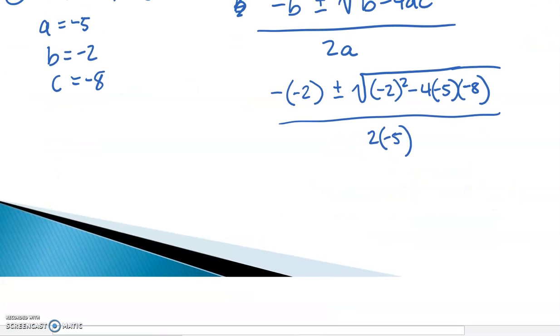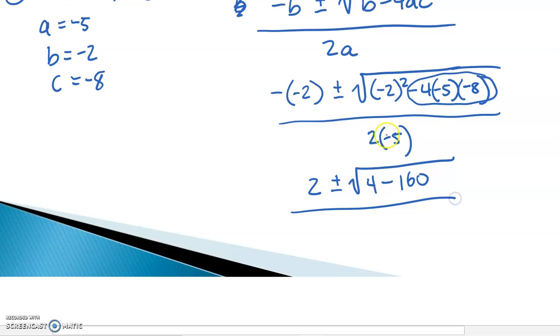So -(-2) becomes +2, plus or minus. -2 squared is 4. And let's be careful with our multiplying here. So -4 times -5 is 20. And then 20 times -8 is -160. So I'm going to write -160 over, and then 2 times -5 is -10.